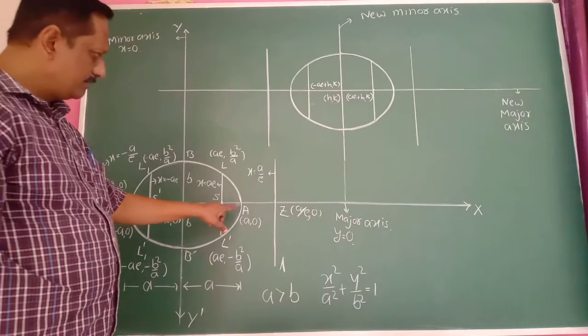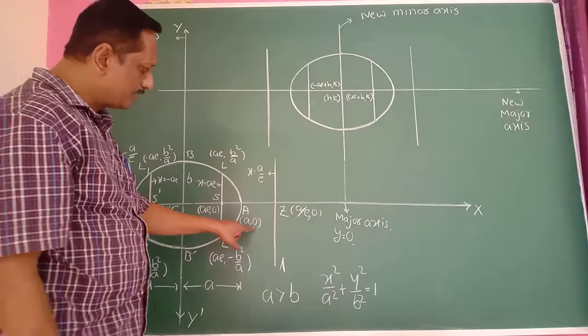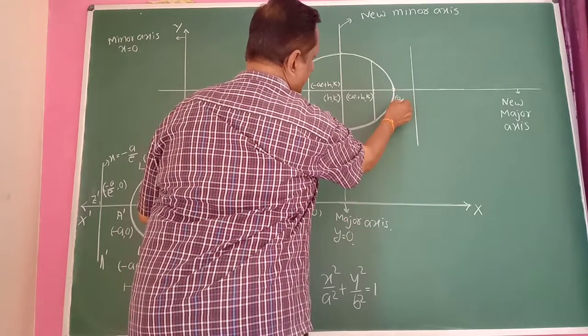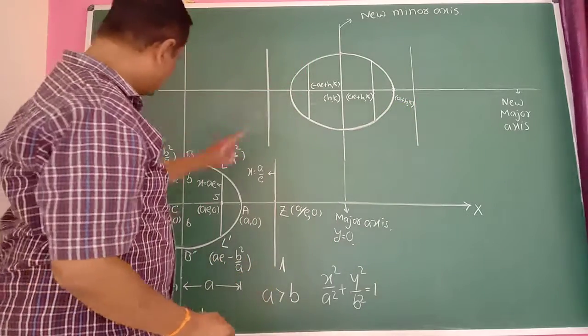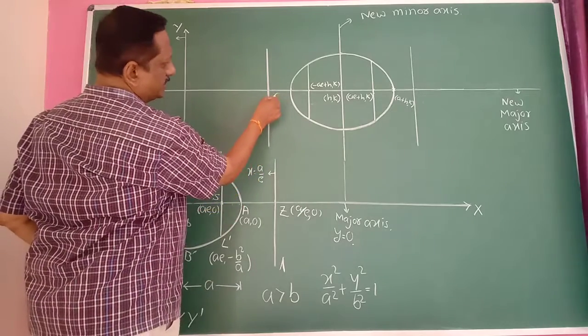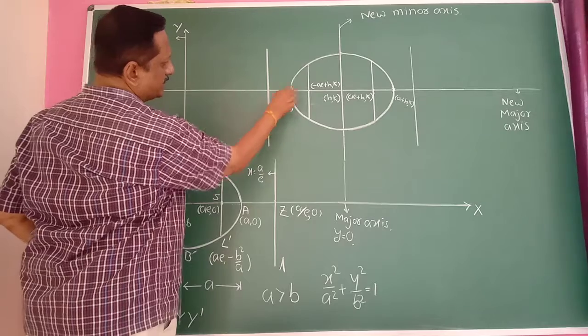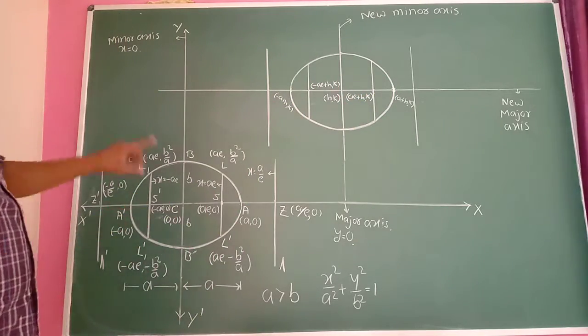Then adding h and adding k, this point is a plus h comma k, and the coordinate of this other point is minus a plus h comma k. These are the vertices A and A dash of the ellipse.